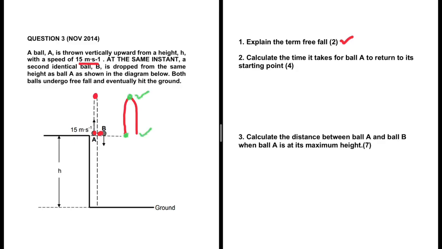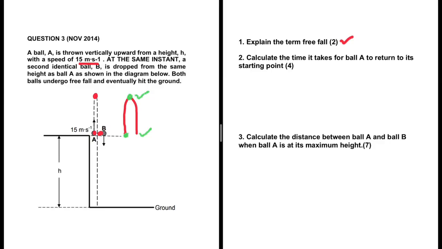So we can basically calculate the time taken to reach maximum height and multiply that by 2 to get the entire time for the motion: starting position, maximum height, and back down to the starting position. That is one way of doing it. There's 2 ways of actually answering this question. I will show you both.